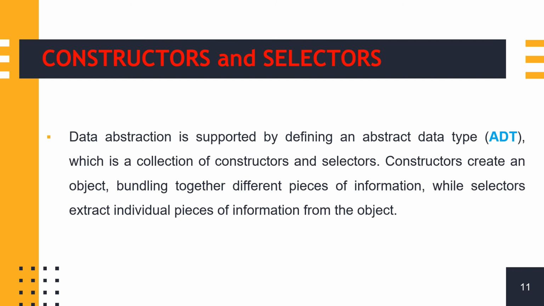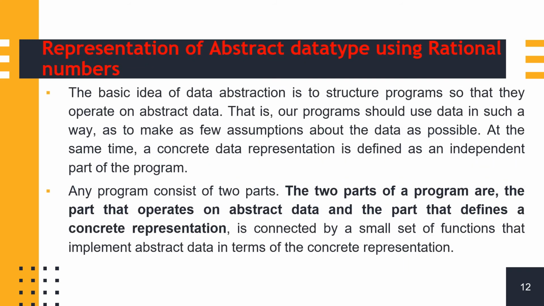Now the representation of abstract data type using rational numbers. The basic idea of data abstraction is to structure programs so that they operate on abstract data. That is, our program should use data in such a way as to make as few assumptions about the data as possible.